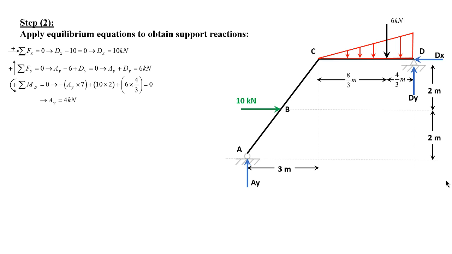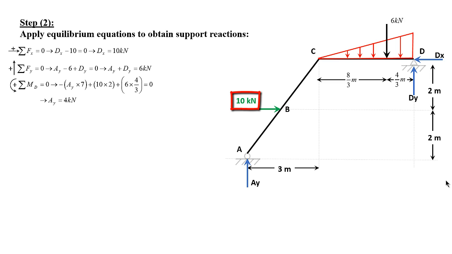So if I do this, I'll have AY multiplied by 7, which is the total perpendicular distance between A and the projection of D, and that's going to be negative because it's clockwise, and it's opposite to the positive sign convention I chose.